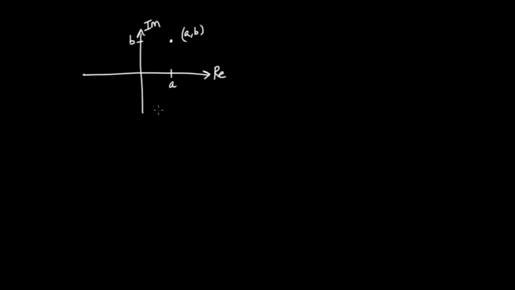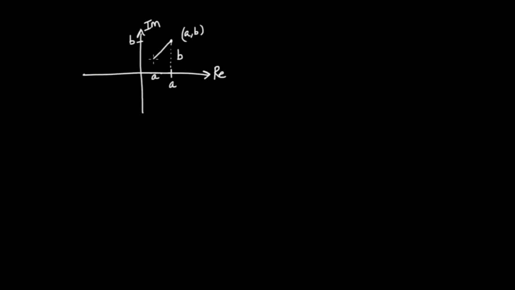Let me go back to that diagram real quick. Now, let's suppose I have some complex number here called (a, b) plotted out on this two-dimensional grid. Now notice I can form a triangle from this point. I'm going to drop a vertical line like that, and the length of that is going to be b, and the length of this leg here is going to be a.